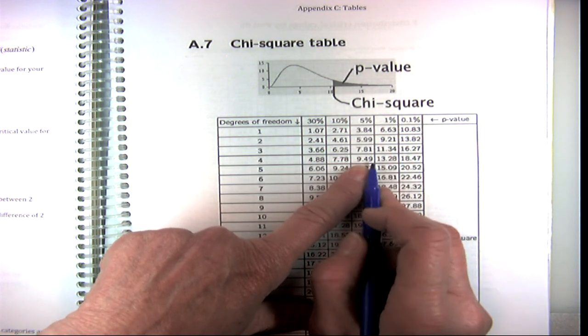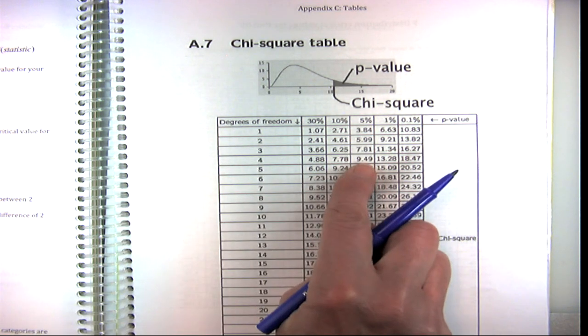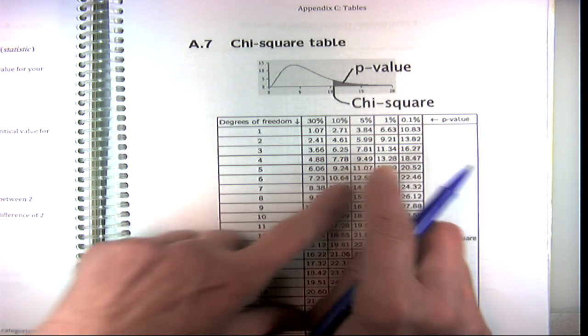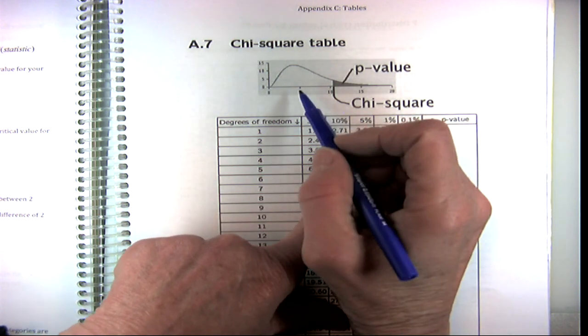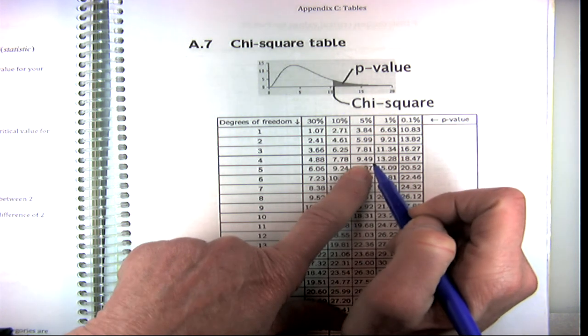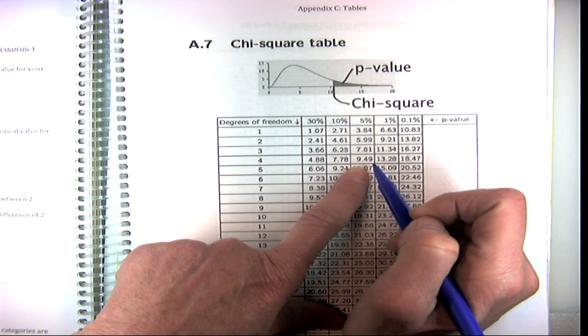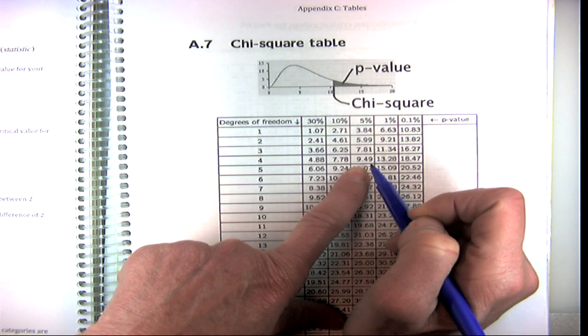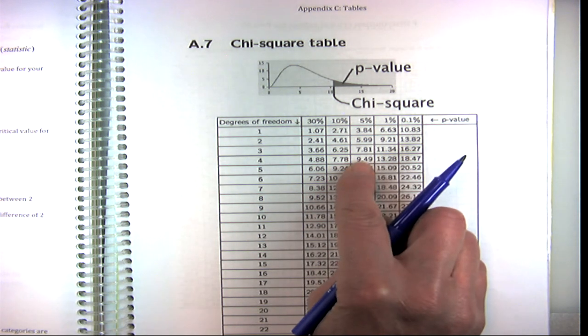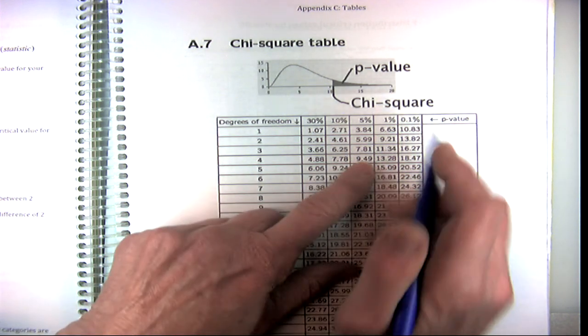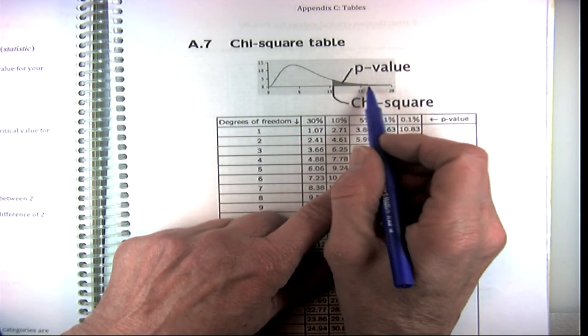If we want to use the usual 5% cutoff, this says that we need at least a 9.49 chi-square stat. We have much bigger than that. What did we get? 30-something. So we certainly have a p-value smaller than 5%.